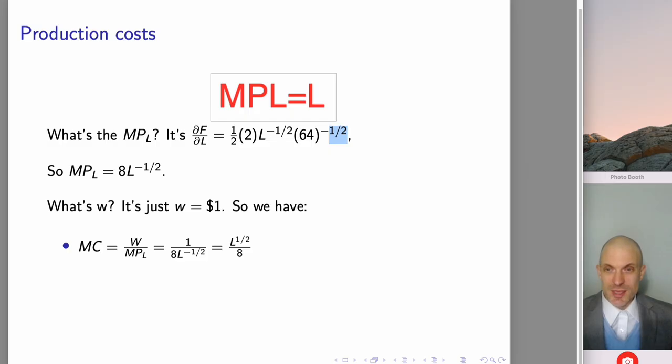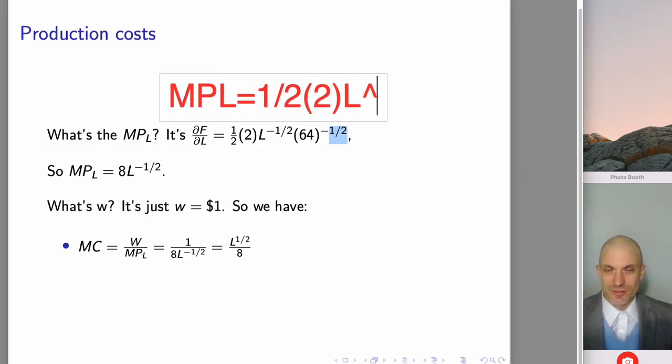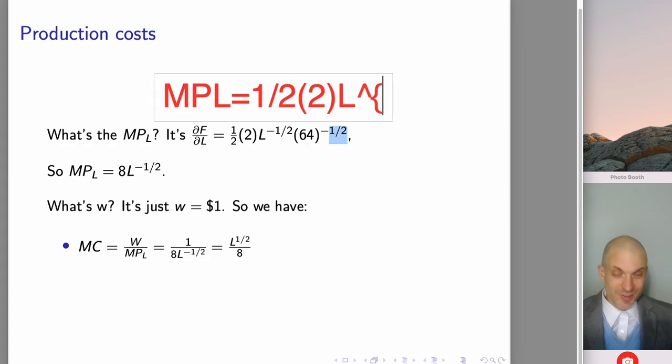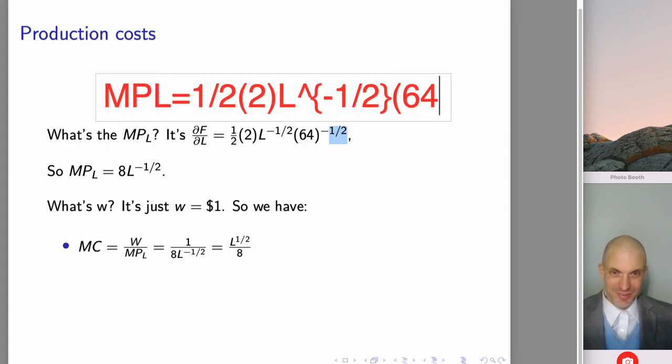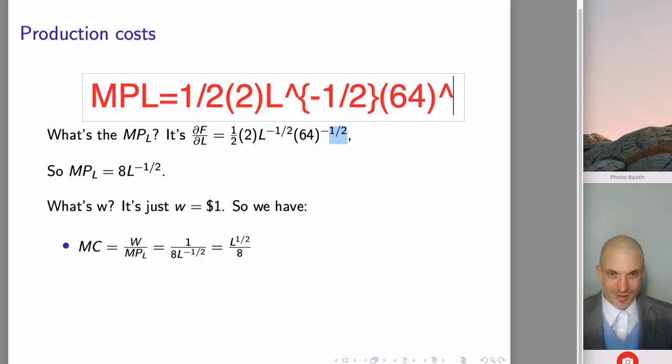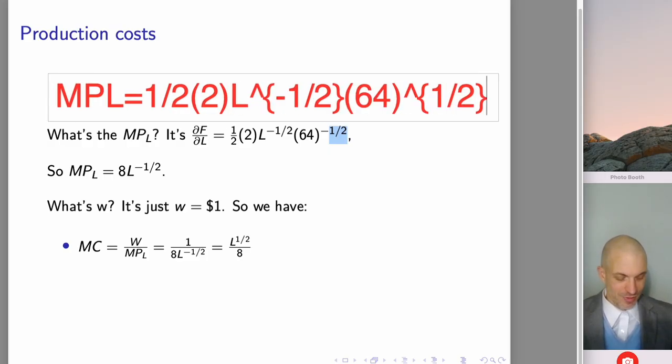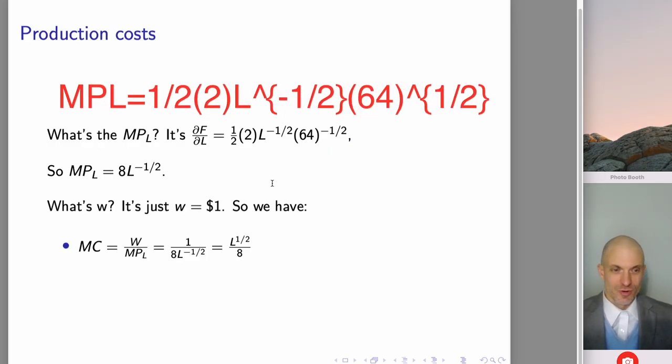So this is going to be 2L to the minus 1/2, times 64 to the 1/2. All we need is for this to be positive. Okay, so marginal product of labor, this cleans up real nice. It's going to be 8 times L to the minus 1/2.